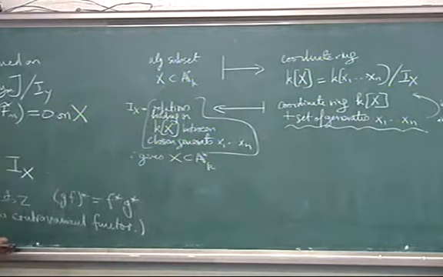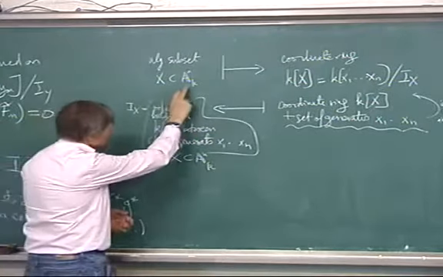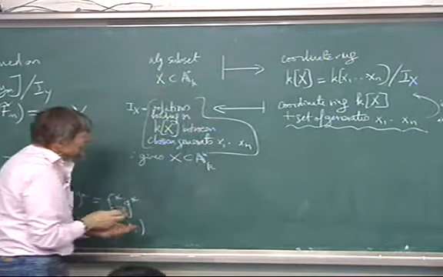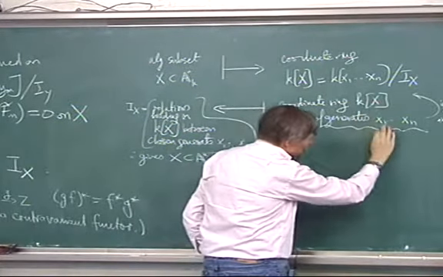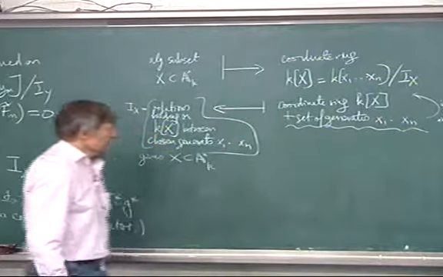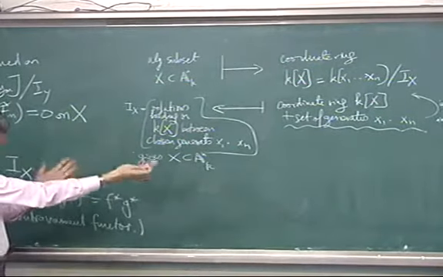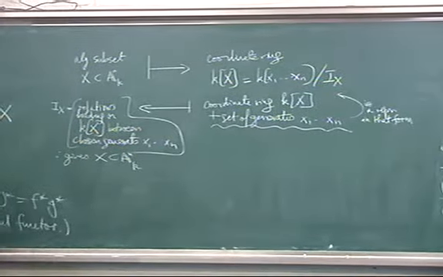Right. So knowing the algebraic subset together with its embedding into affine space is the same thing as knowing the coordinate ring together with its set of generators. I can get from one to the other and I can come back.